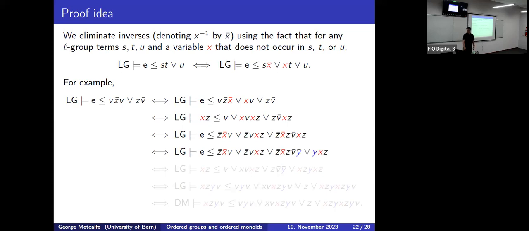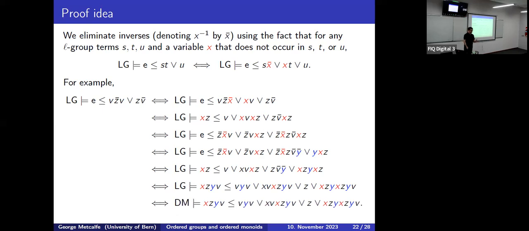Now I introduce a new variable, Y, to separate V inverse. Okay, this is getting long now, but I can then multiply through by XZ on the left, and YV on the right. And what I've got is a bigger equation, and now it's got some extra variables, but now I have an equation that doesn't mention inverses.